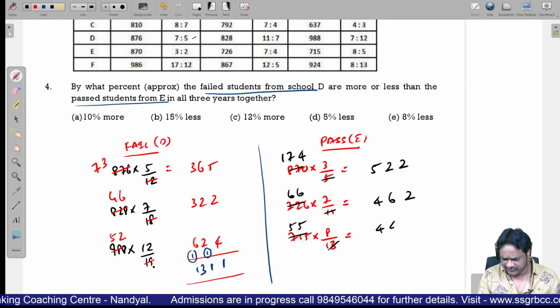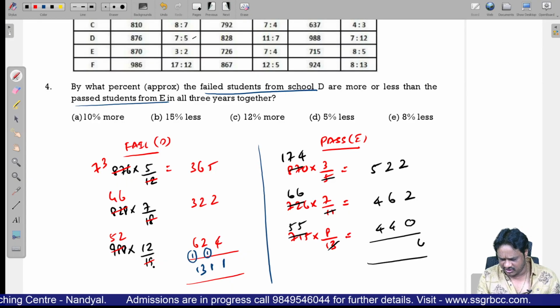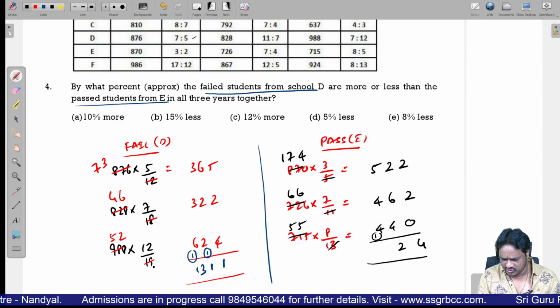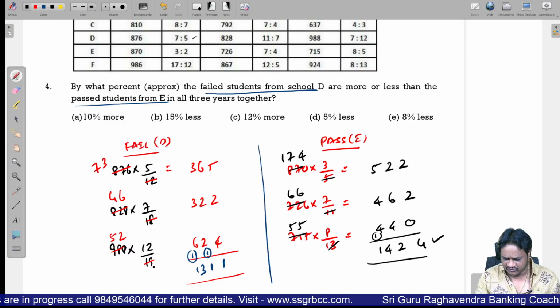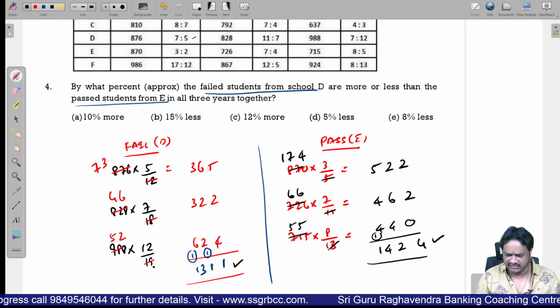It is 440. If you add all these, we get 1424. So one we got 1424, one we got 1311.